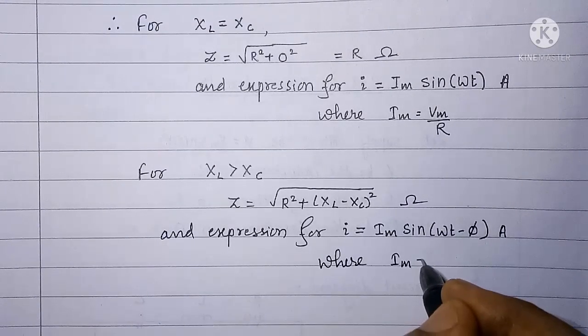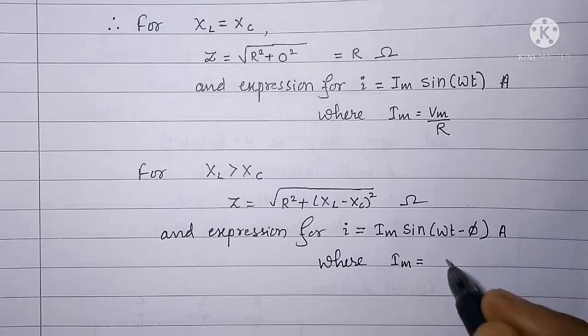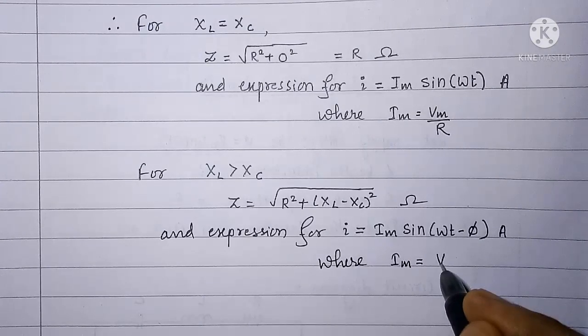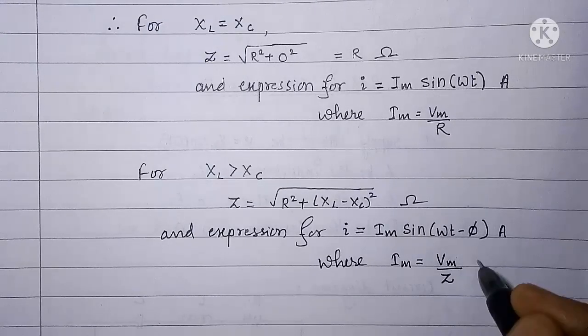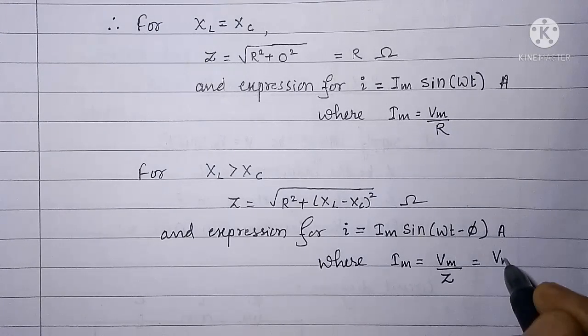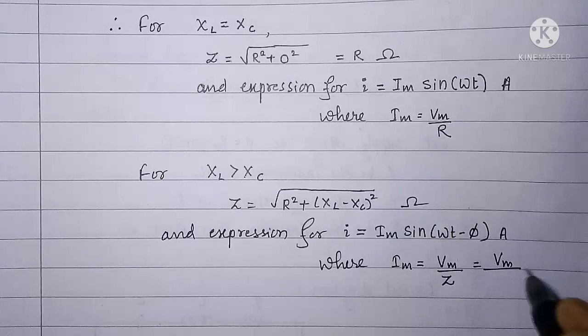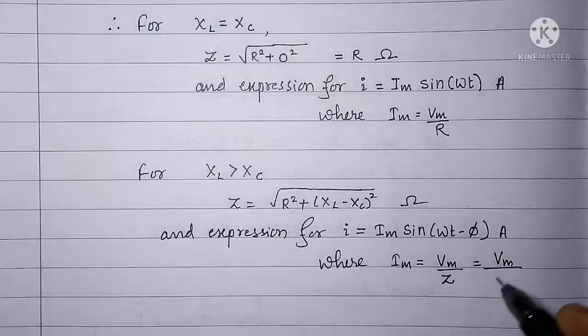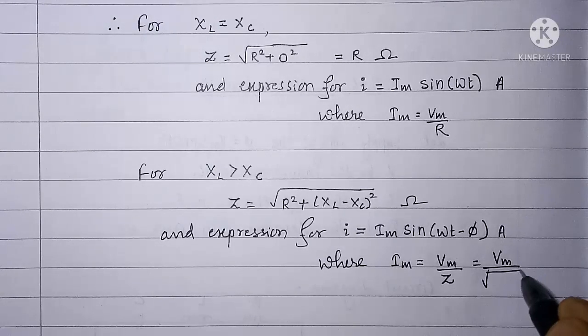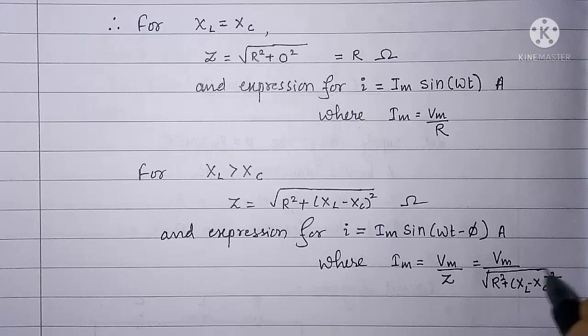Where Im is equal to Vm by Z. And what is Z? Z is R square plus XL minus XC square under root.